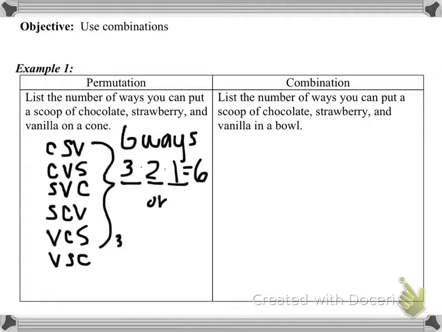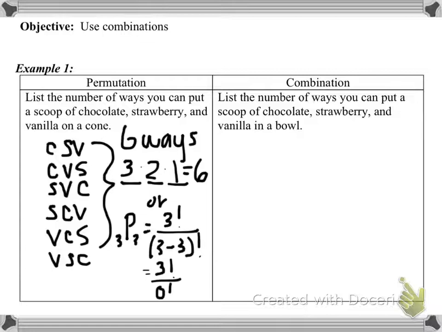If you use the formula that was given to you yesterday, we can write it as 3P3, where the first 3 is how many choices you have for the ice cream, and the second is how many spots you have. So using the formula, it would be 3 factorial divided by (3 minus 3) factorial, and remember 0 factorial is 1, so this also comes out to be 6.